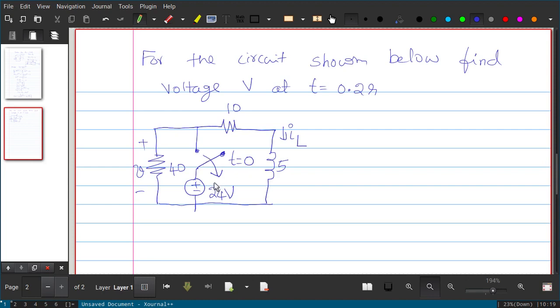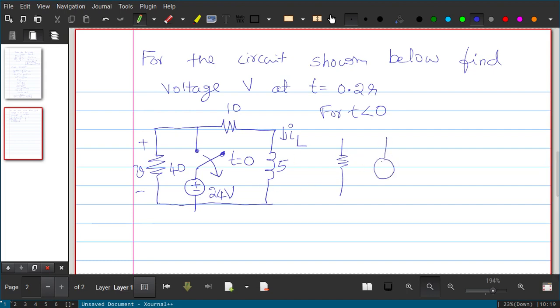So what we will do now: before t equal to 0, what is the equivalent circuit diagram? After t equal to 0, what is the equivalent circuit diagram? That we will write first. So first we will write for t less than 0. At that time, what is the circuit? You have a 1R circuit here, and this switch is closed at that time.